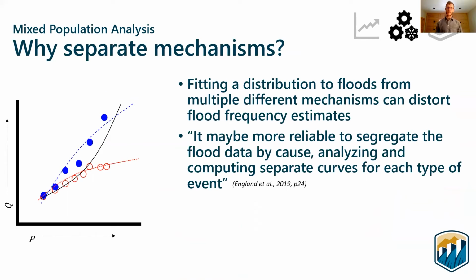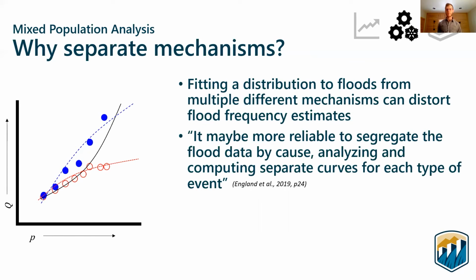If you separated them and fit distributions to them individually, you end up getting a very different look at your flood frequency. This dashed blue line, these higher floods, are much higher and look very different, especially as you get to more rare events than the original fit. And this lower distribution kind of flattens out and doesn't really drive risk in this area.